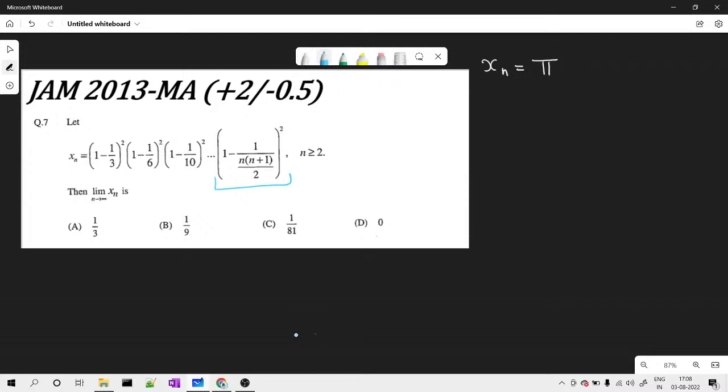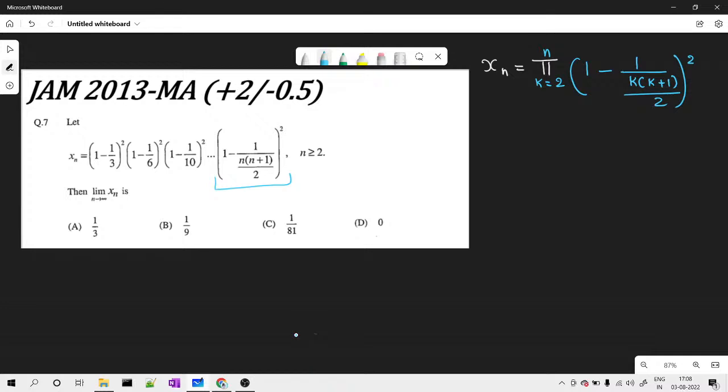Inside the formula, the value starts from 2 till n, so I consider a variable k which starts from 2 and goes till n. So xn is the product of n minus 1 terms, k running from 2 to n, of 1 minus, putting the different values of k, 1 by (k plus 1 by 2) the whole square.